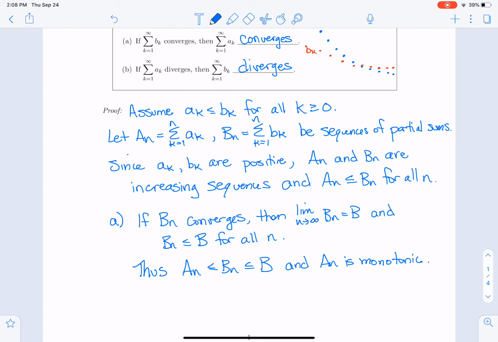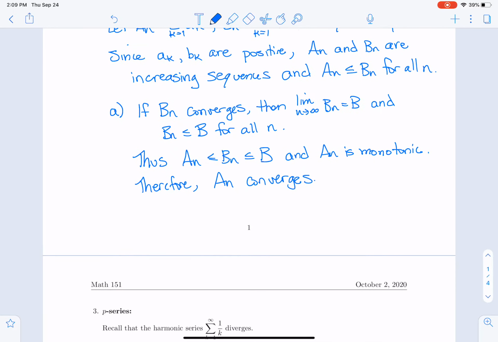So we can use a previous theorem that says, therefore, A sub n must converge. We have an increasing bounded sequence, and so A sub n converges. So that tells me that the series sum from k equals 1 to infinity of a sub k must also converge.